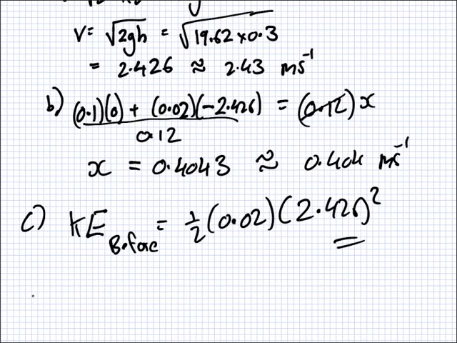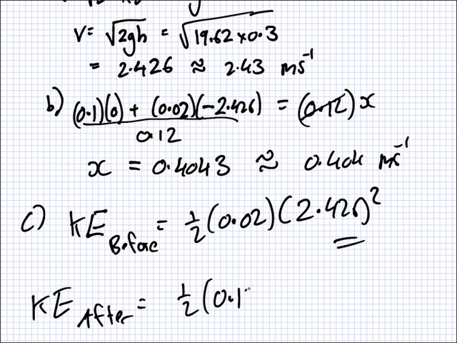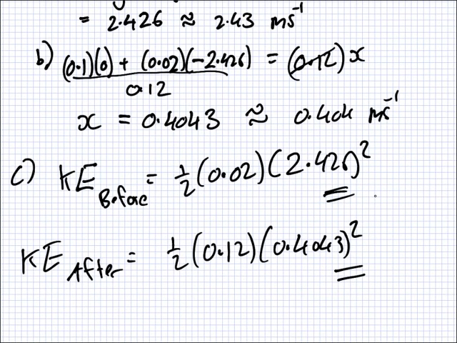And then afterwards, a half mv squared. Dorian, you do the second one, and then Zach can do the first one. There's two calculations.